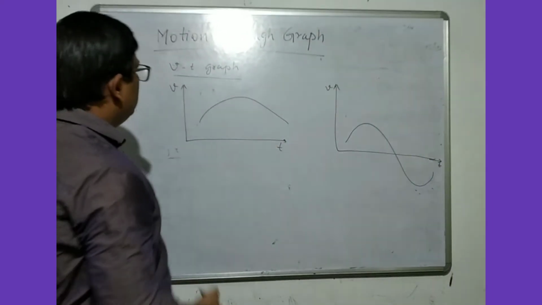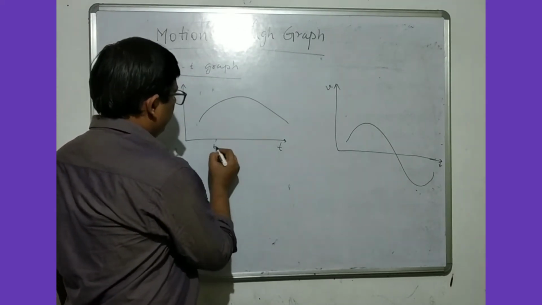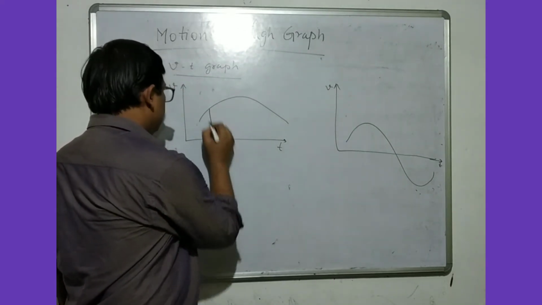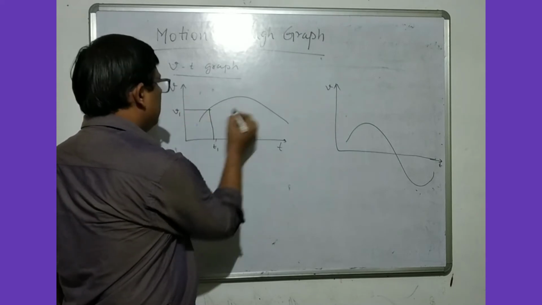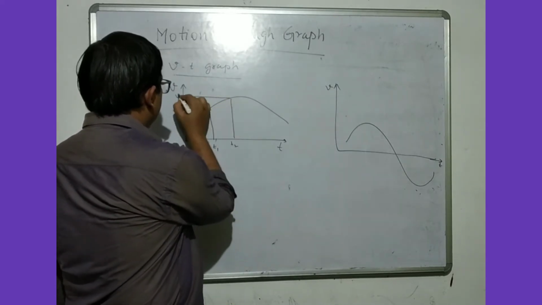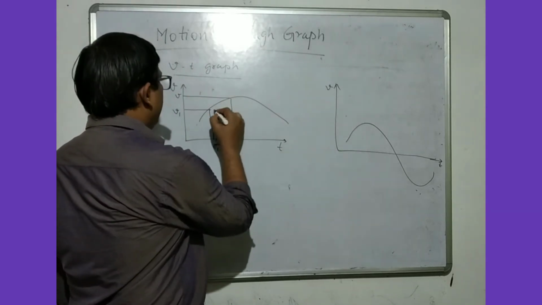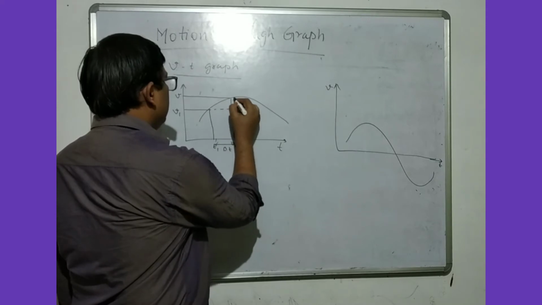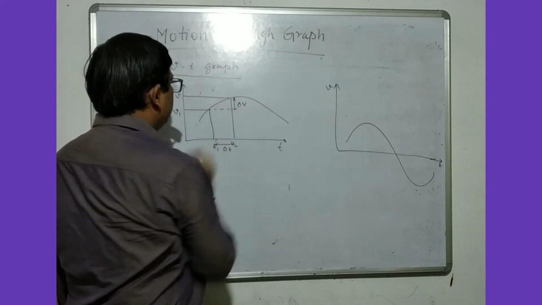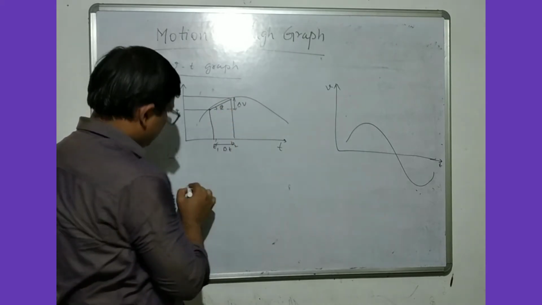At some time t1, this is the velocity v1. At time t2, the velocity is v2. So this will be del t, and this will be del v, and this will give tan theta.